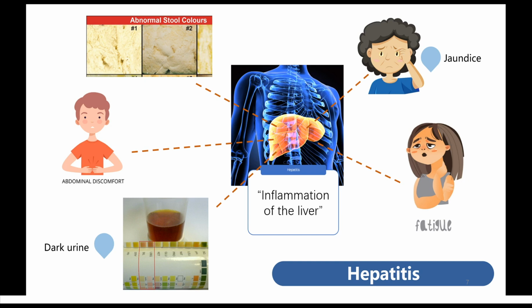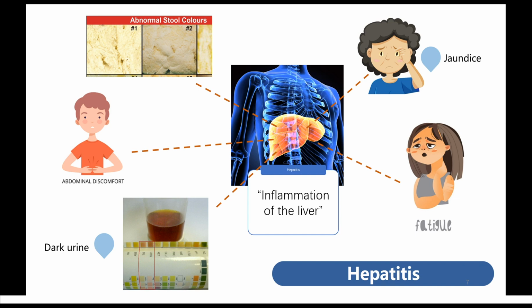When bilirubin is found in our small intestine, the intestinal bacteria will convert bilirubin to become urobilinogen. And urobilinogen will be further converted into stercobilinogen. And stercobilinogen will be excreted in our feces in the form of stercobilin, giving the typical brown color.